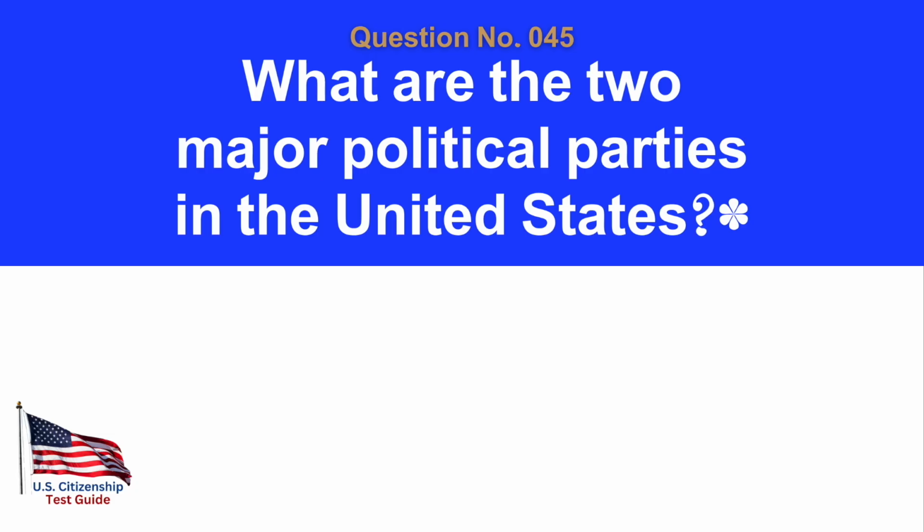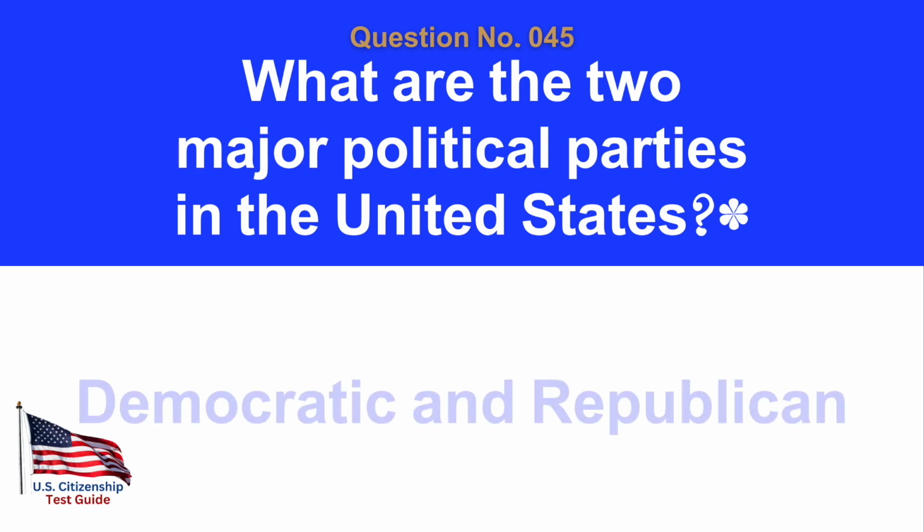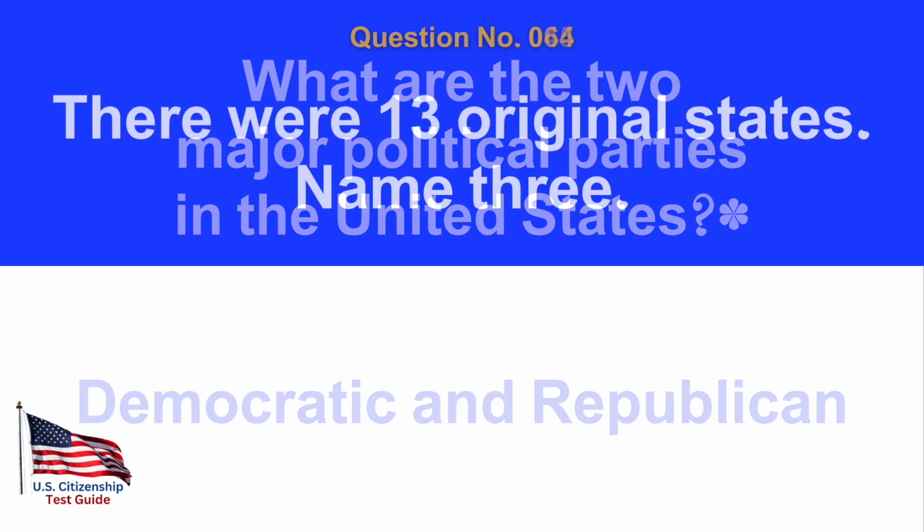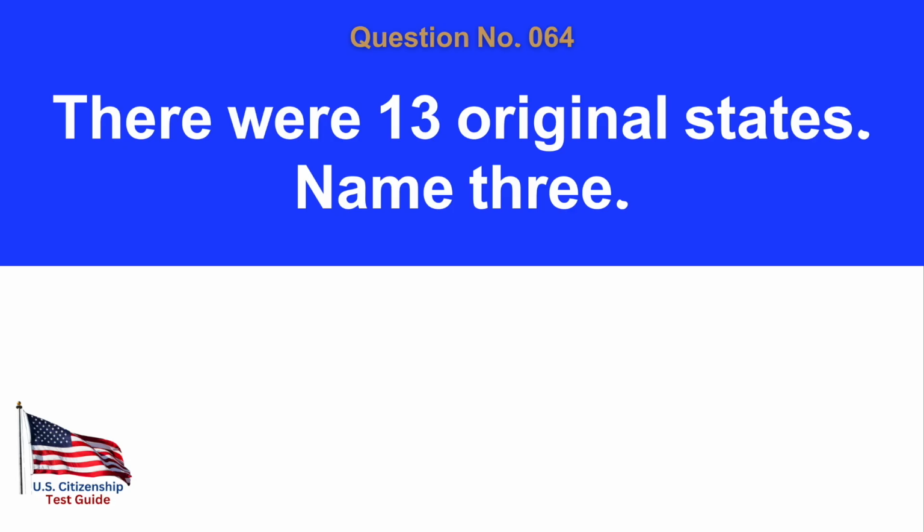What are the two major political parties in the United States? Democratic and Republican. There were 13 original states. Name 3.